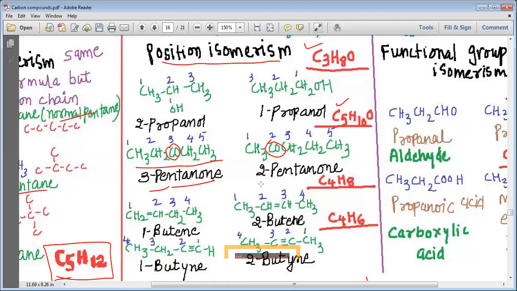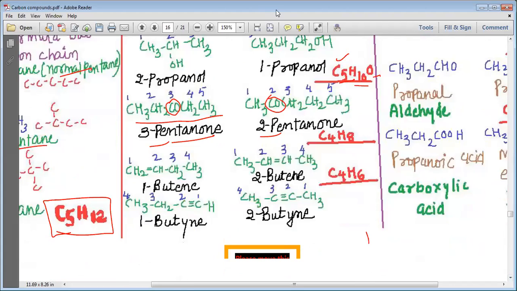If the OH group is present on the second carbon, we call it 2-pentanol. Both have 5 carbons, 12 hydrogens and 1 oxygen, and this is how, my dear students, we understand 3-pentanol and 2-pentanol, which are the position isomers of each other.